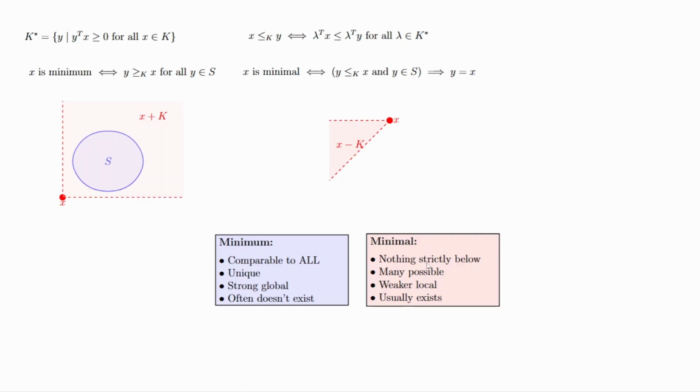There is nothing less than this element, such that you're comparing it to something that's actually comparable. You can have many elements which are minimal, so it's a weaker condition. Indeed, you can show that if an element is minimum, so there's only one, then it also must be minimal. But of course, if something is minimal, that does not imply that it's minimum.